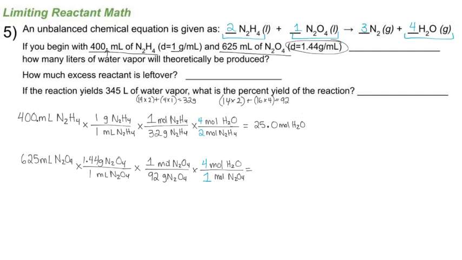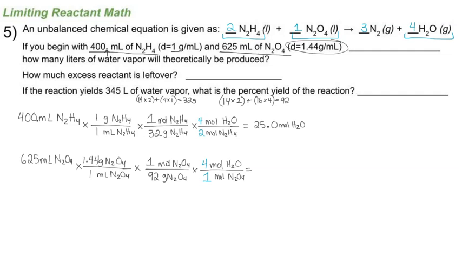And then for my other reactant, we have 625 times 1.44 divided by 92, and then times 4.